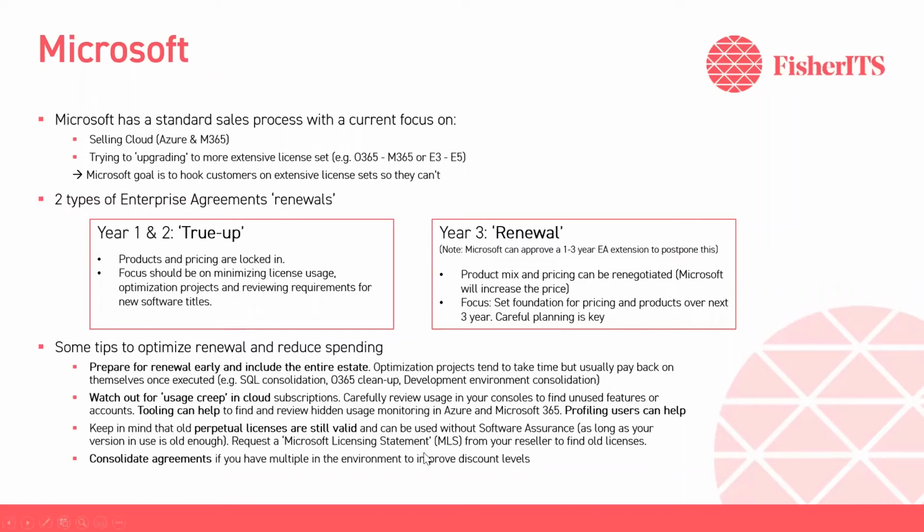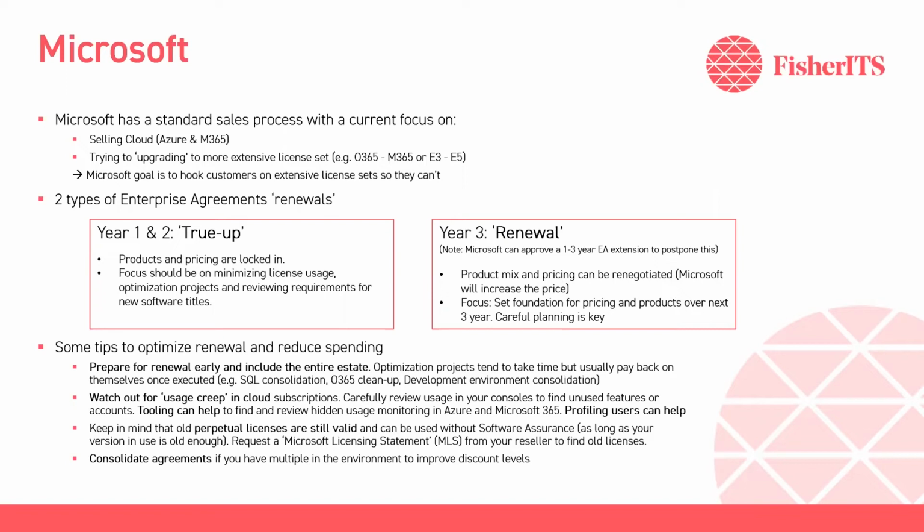However, it could actually be smart to try and look for your old perpetual licenses to see what you can still use. Often, you can use them without software assurance as well. So even if you stopped maintenance a few years ago, that's still a pretty solid license that you can apply. There are some things that you can't do without software assurance, but just try figuring out or separating your environment.